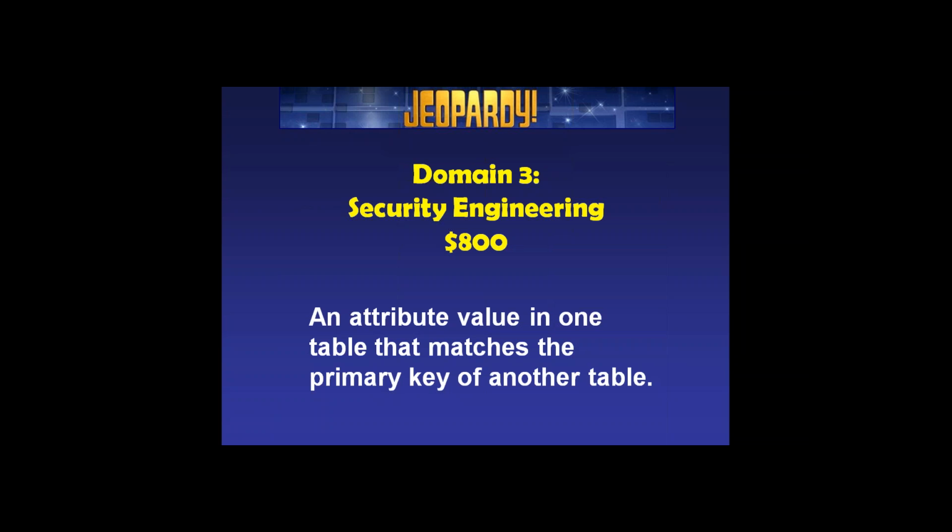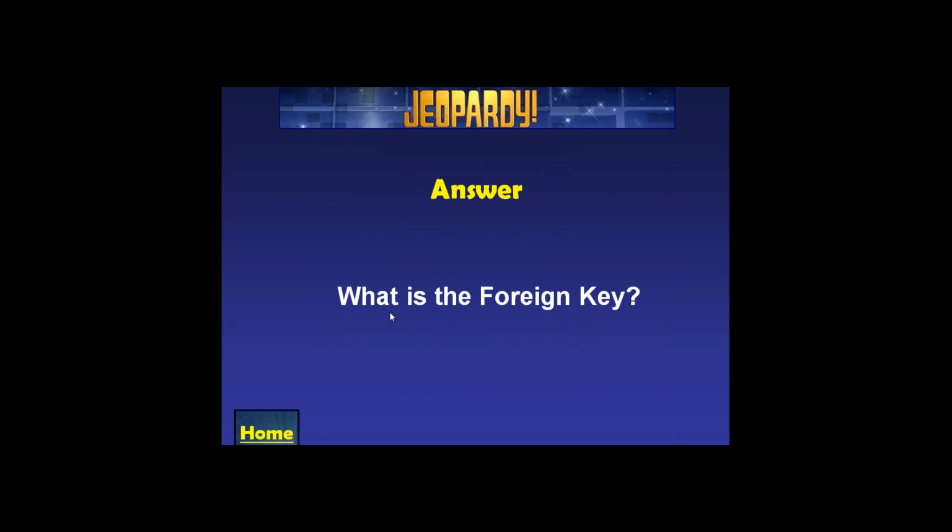I have a misspelled yet correct response from Becky. What is a foreign key? And I kind of want to bring up, maybe after this session is over, if anybody wants to see an example of what a foreign key looks like, just let me know.